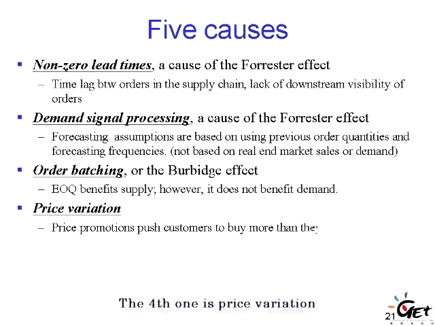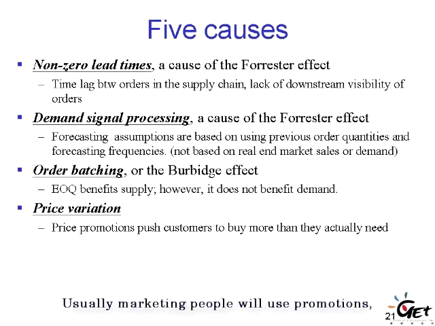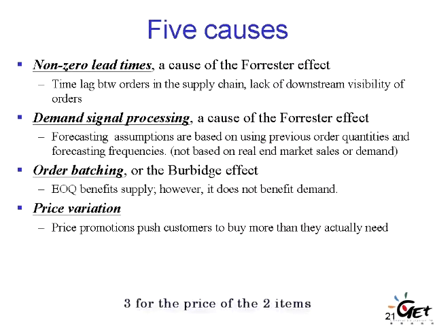The fourth one is price variation. Usually, marketing people will use some promotion, especially price promotions, to boost sales during some period. For example, say we have a promotion like 3 for the price of 2 items, right?